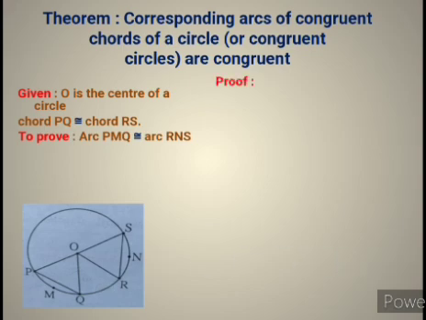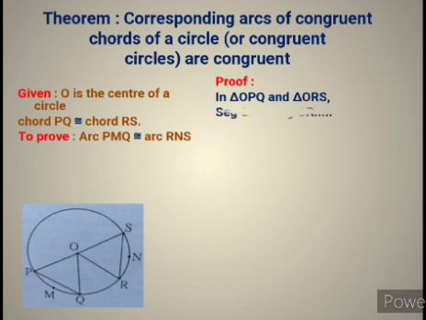This activity is to be completed by the student in the textbook by filling in the blanks. So each and every student has to write this theorem on their own.